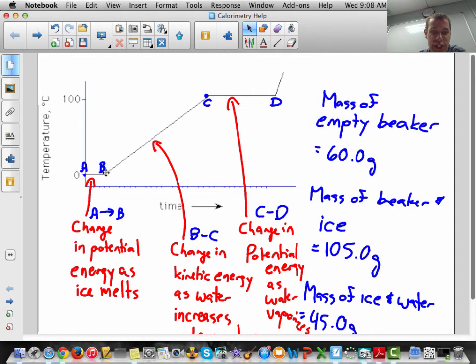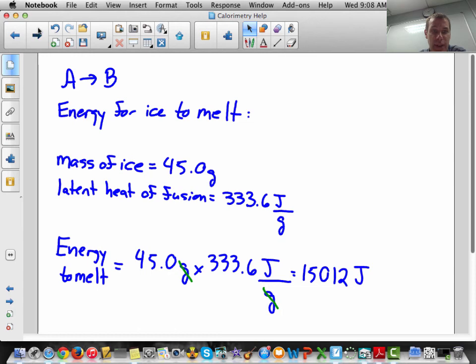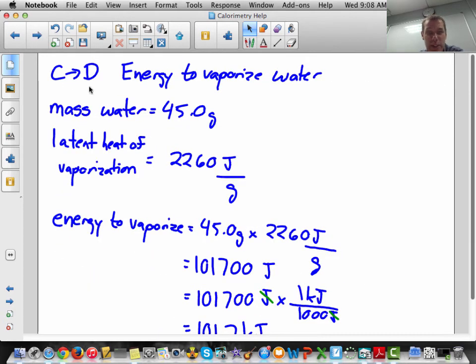We've just found the energy required to take liquid water at its melting point and increase that temperature up to the boiling point. So now finally we need the energy required to vaporize that liquid water when it's at the boiling point. And that requires the latent heat of vaporization. We have 45.0 grams, the same mass of water, but this time to vaporize the water, you need a lot of energy.